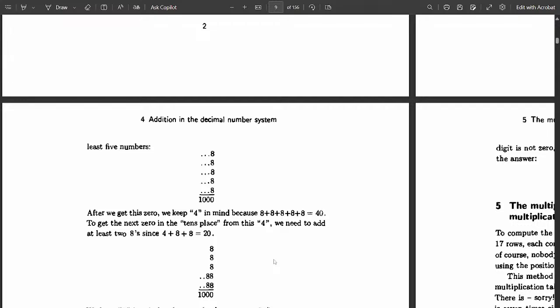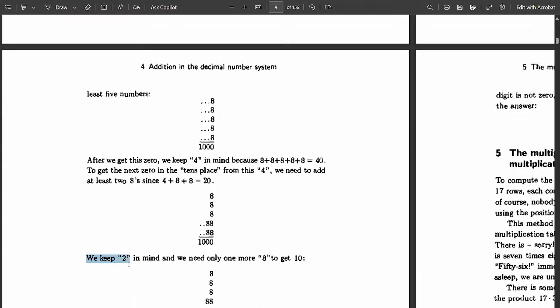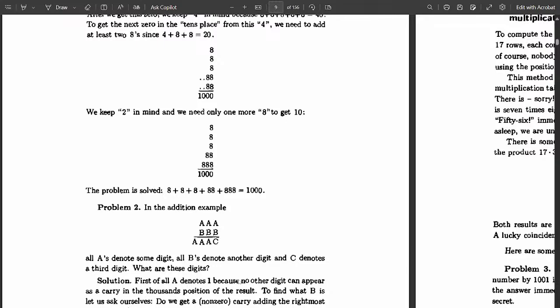The last six and the remaining four will add to give us zero, and we will get two again, which will be kept in mind. To get zero here, we need another eight, one more eight. So 888, 88, and three eights will give us 1000. The problem is solved: 8 plus 8 plus 8 plus 88 plus 888 is equal to 1000.